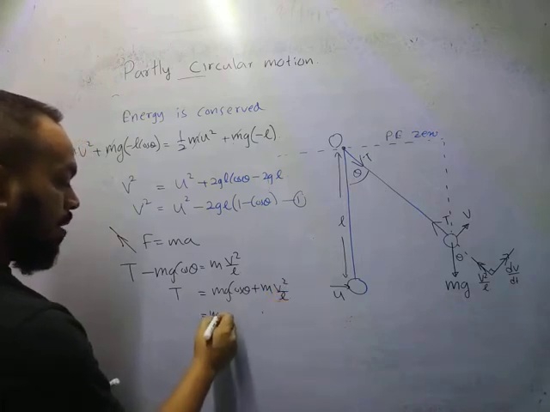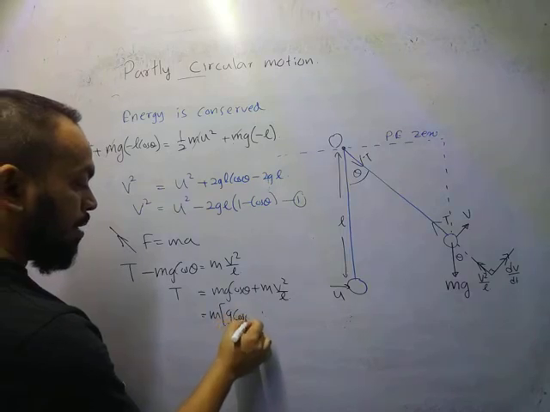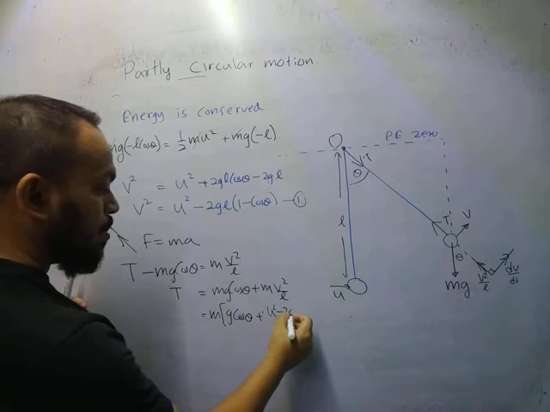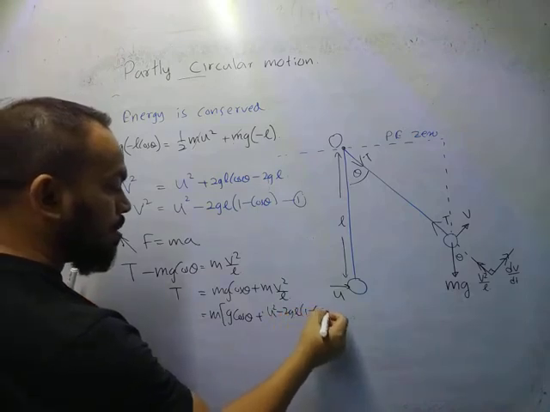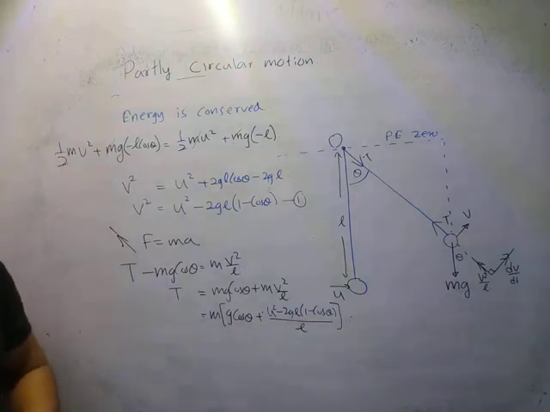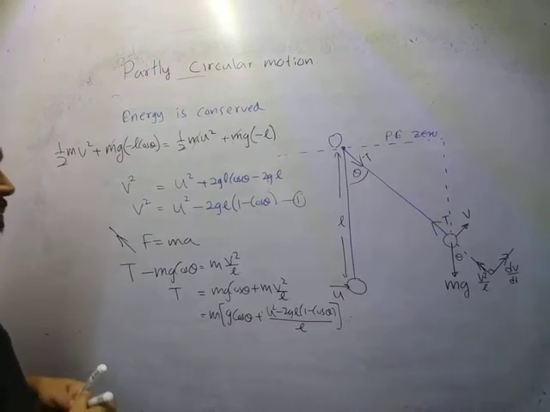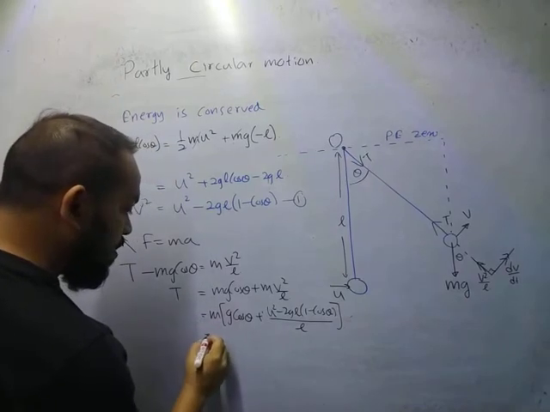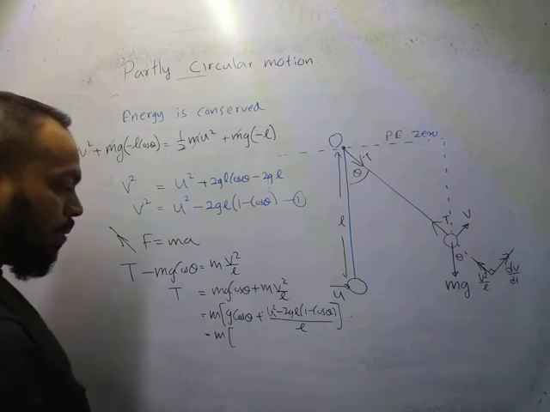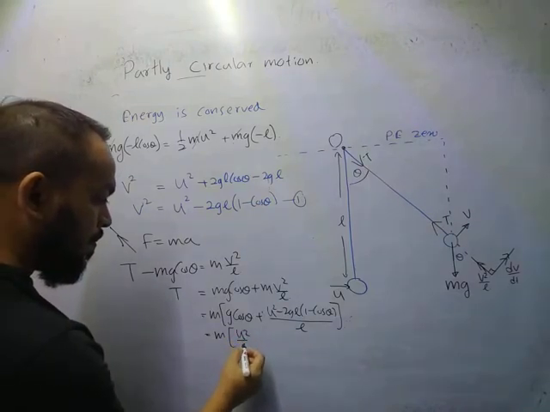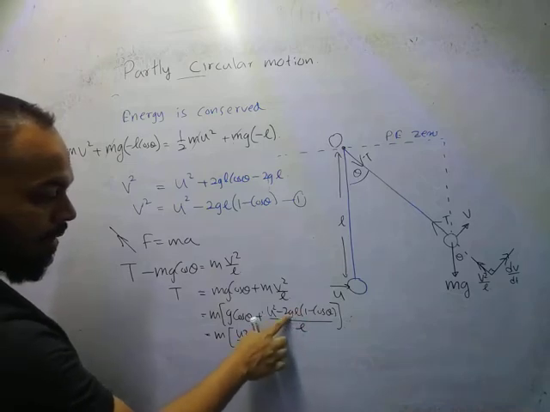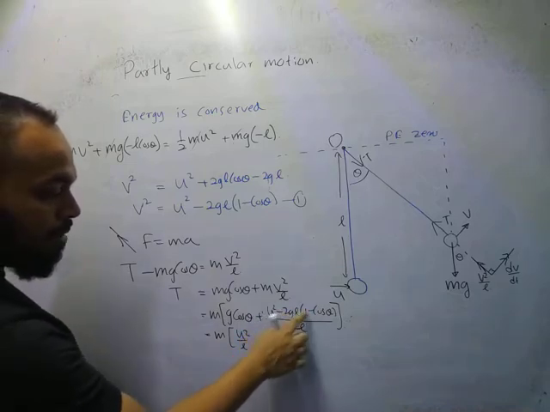Let's take m out: g cos theta plus v squared over L, which means u squared minus 2gL times 1 minus cos theta, divided by L. So m times u squared over L. Now see what happens. L cancels out, then I get minus 2g plus 2g cos theta.